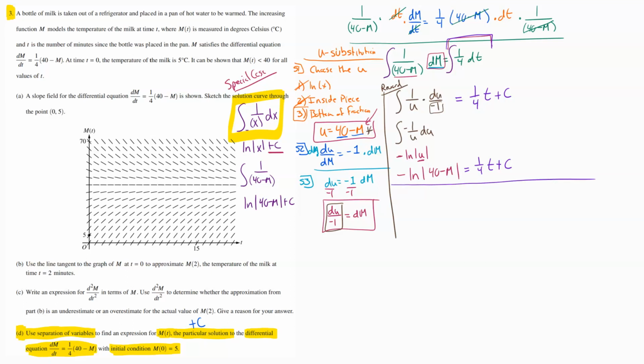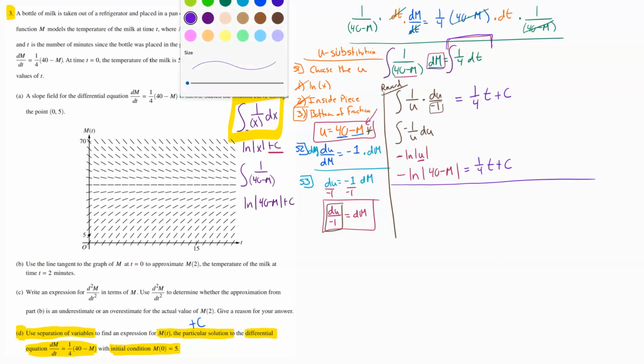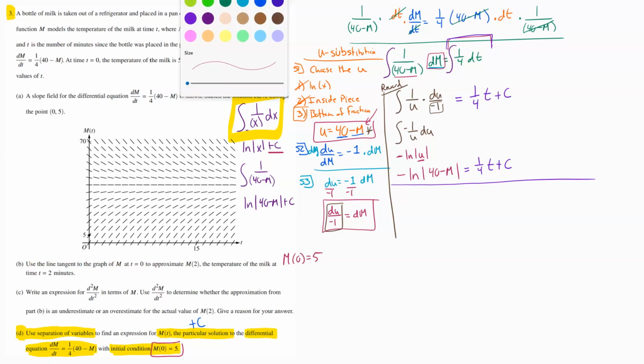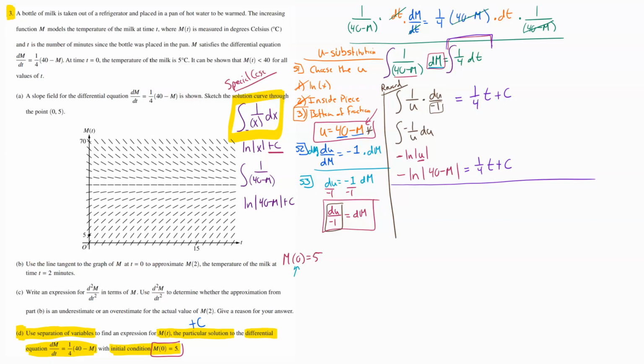It's at this point that we come through and use that initial condition that they gave us. This m of 0, m of 0 equals 5. What that's saying to us is when we plug in our t as 0, we want the m value, the answer to all of that, to equal 5. We'll plug our pieces in.